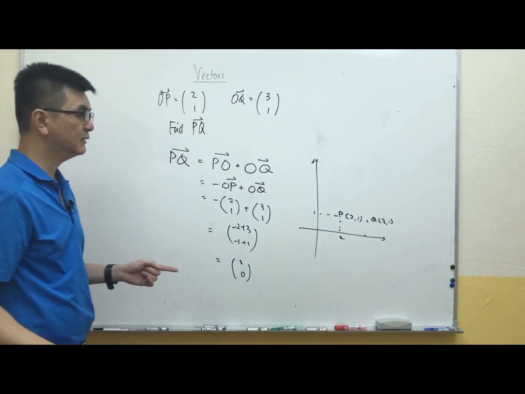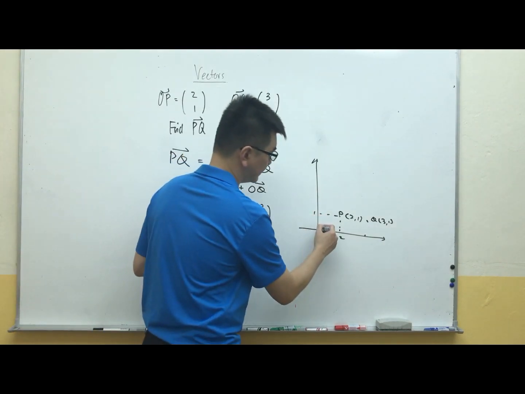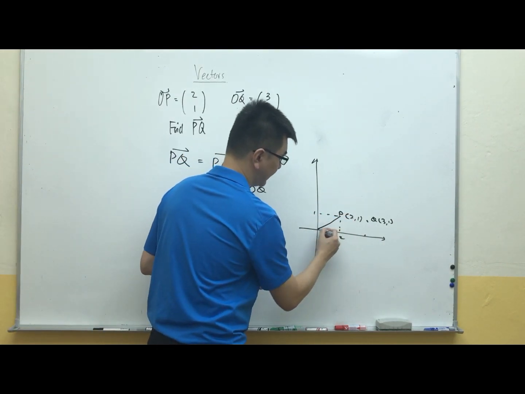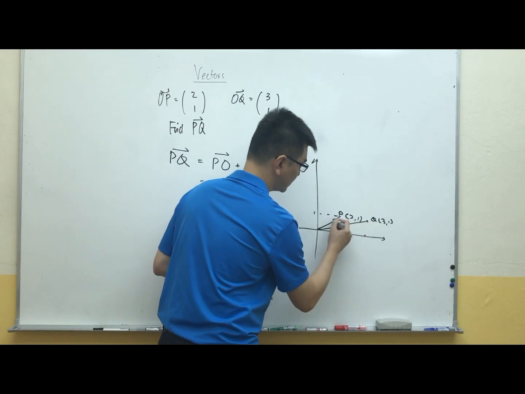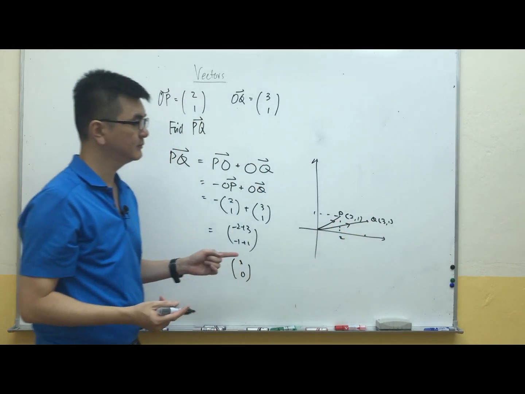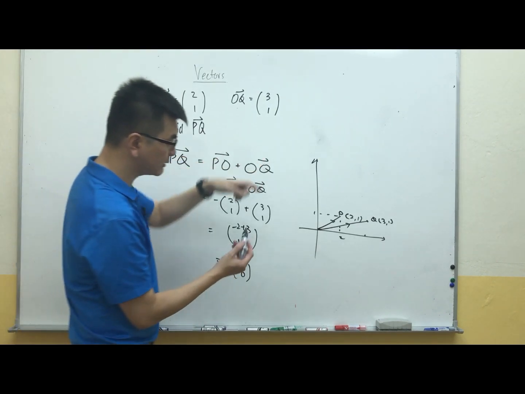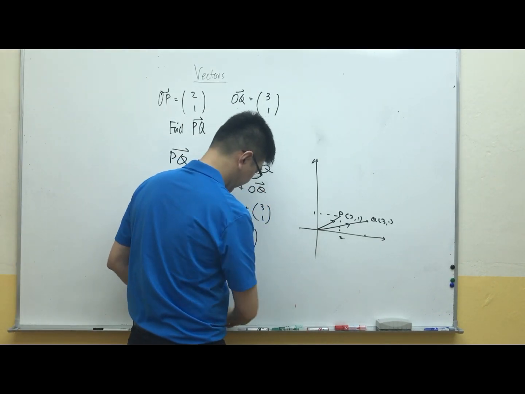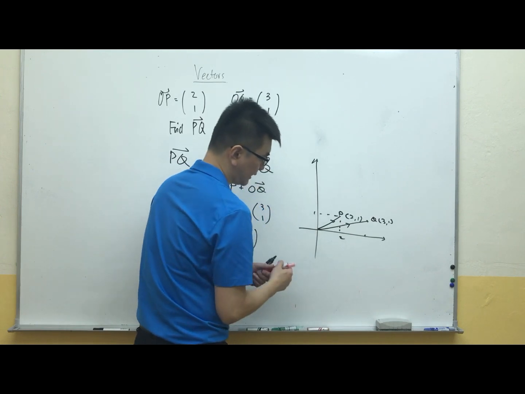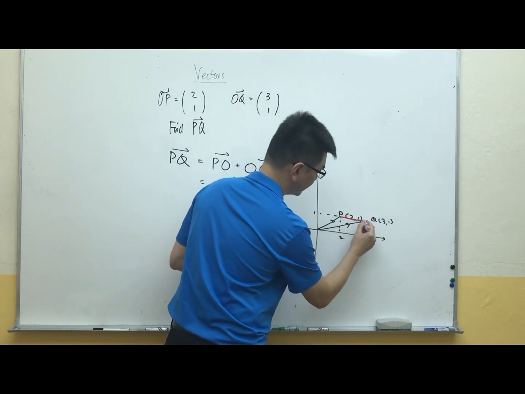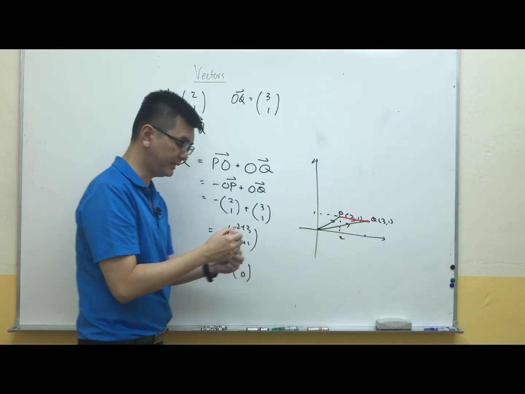So I have OP here, and this is OQ. I want to find vector PQ, and where's PQ? PQ is over here. I'm going to represent it using a red line so that you can see it for yourself. PQ is here.